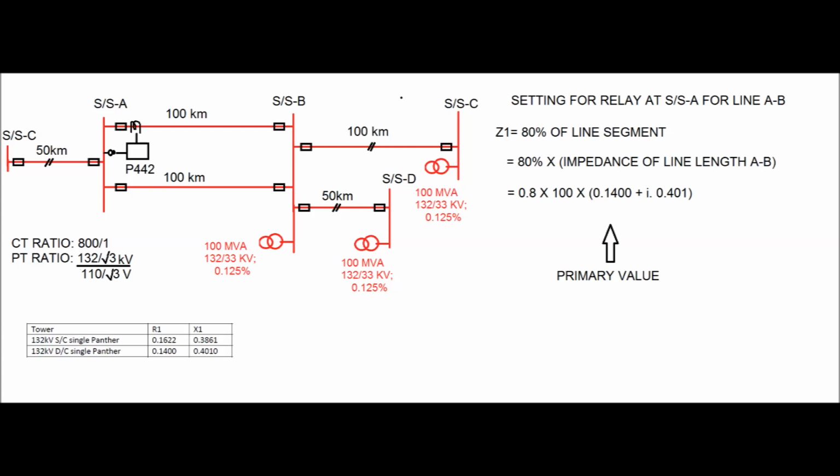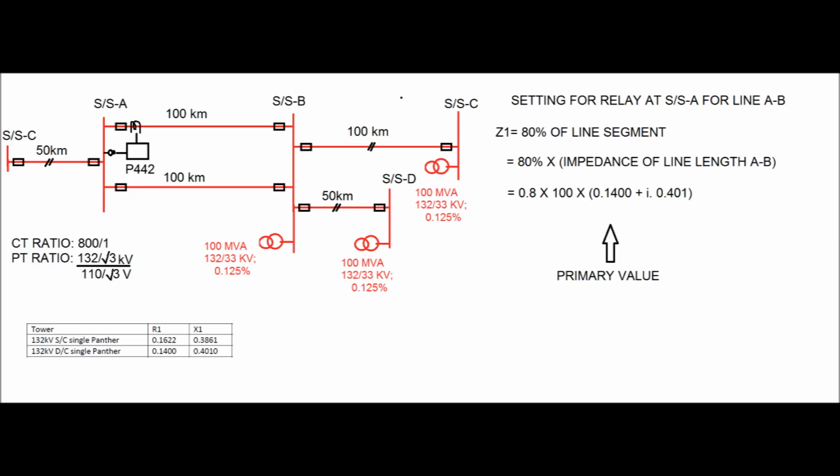Since it is a double circuit line, we will take the value of R1 as 0.14, and X1 as 0.401 ohm per kilometer. So zone 1 setting is given by zone 1 equal to 0.8, that is 80%, into 100 km into 0.14 plus j into 0.401. Now this value is the primary value.